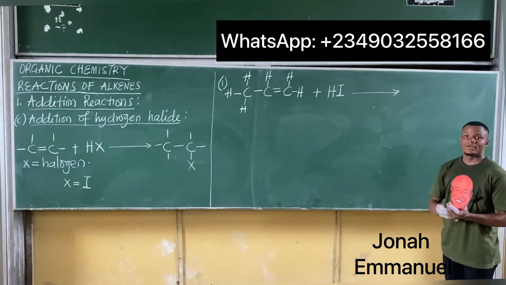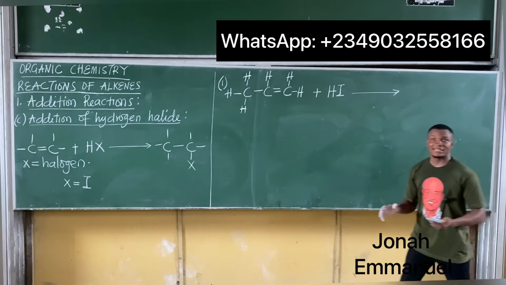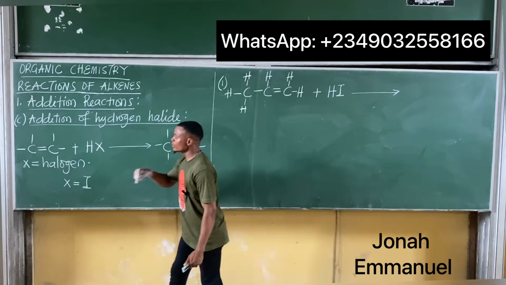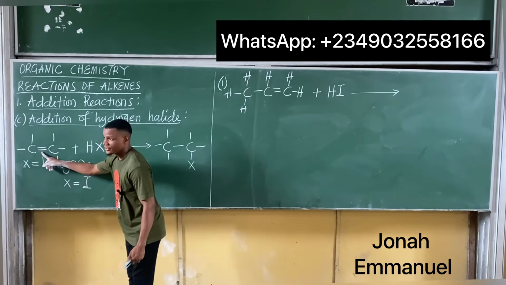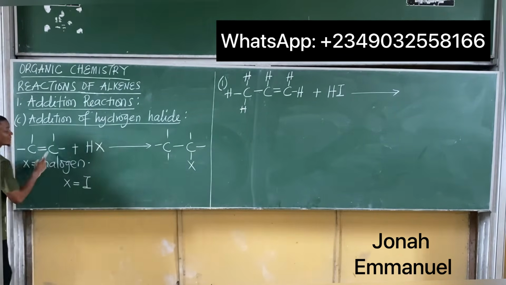So look up, please. Listen. The idea is very simple. For your end product, look at the place that had the double bond. It will break off to a single bond, and then of those two carbon atoms that were bearing the double bond, one will take hydrogen, the other takes what there? The iodine.